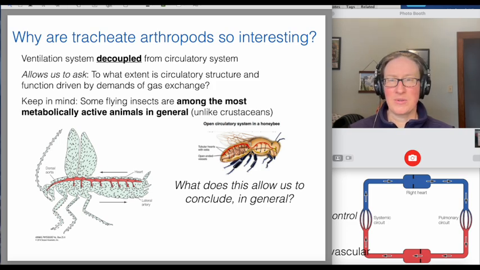There are veins that will deliver nutrients into wing structures, but they're not delivering gases, right? They're just delivering nutrients. What that tells us is very clearly the primary driver of circulatory function in all the other animal groups we've looked at is delivery of oxygen.